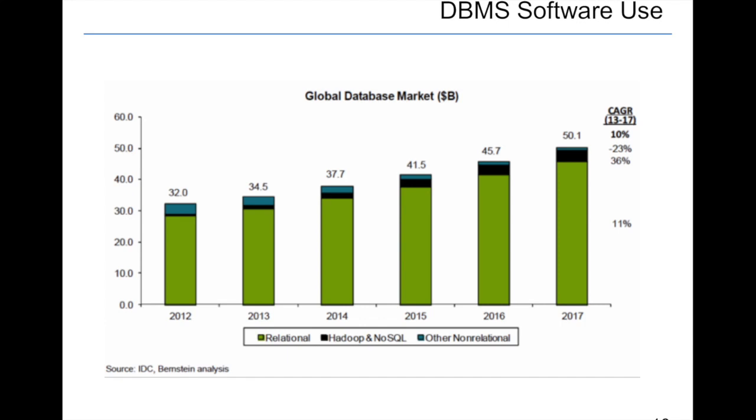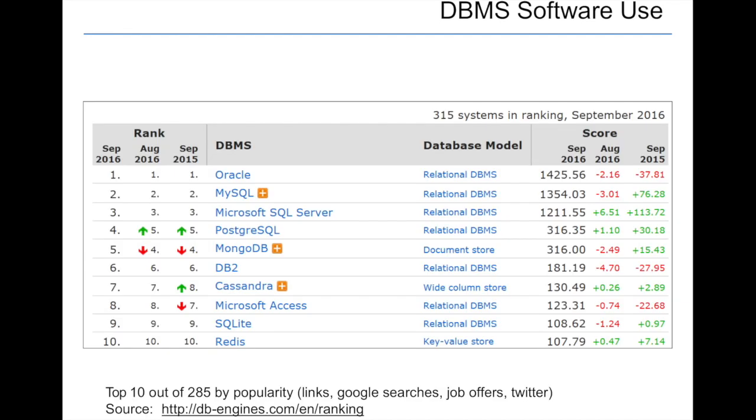So here is the use of relational databases versus Hadoop and NoSQL. Those are a little bit different databases. They're not relational. They're not formatted in the same way. But while this looks good for relational databases, looking at like 50 billion a year, open source is making a dent in that.